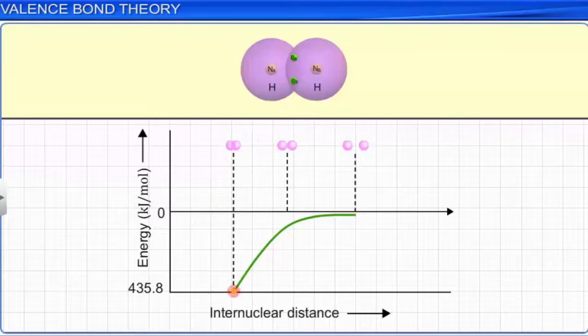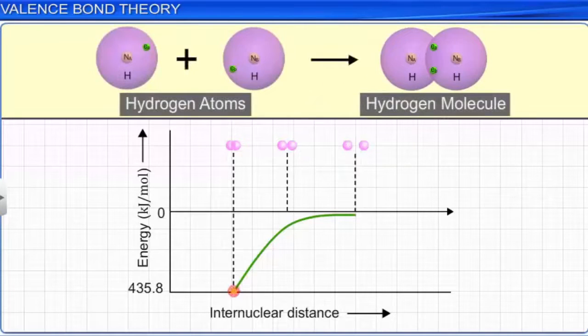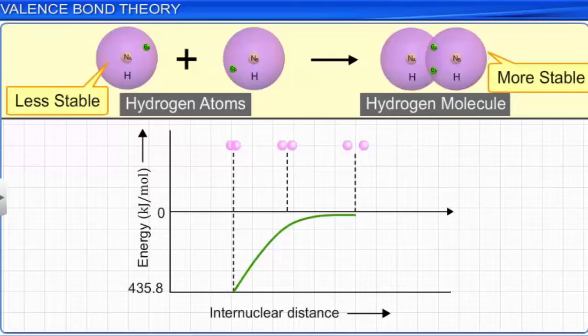At this stage, the system acquires minimum energy, and the two hydrogen atoms are said to be bonded to form a stable molecule. If we try to bring these atoms still closer, then the repulsive forces start overpowering the attractive forces.